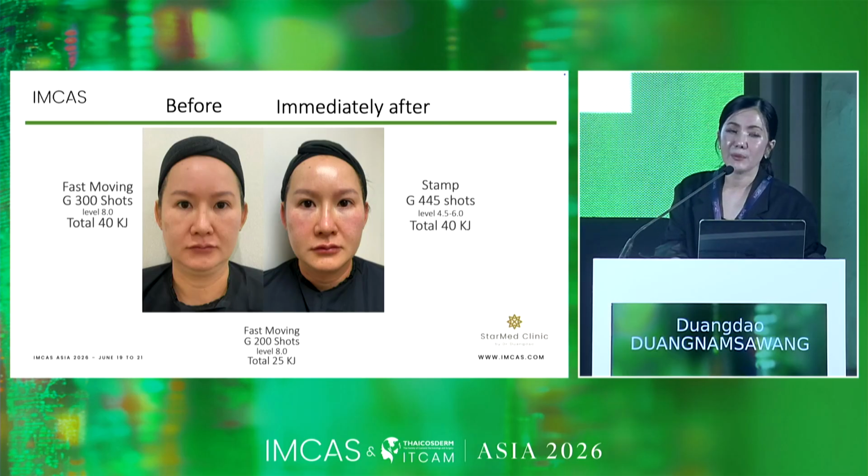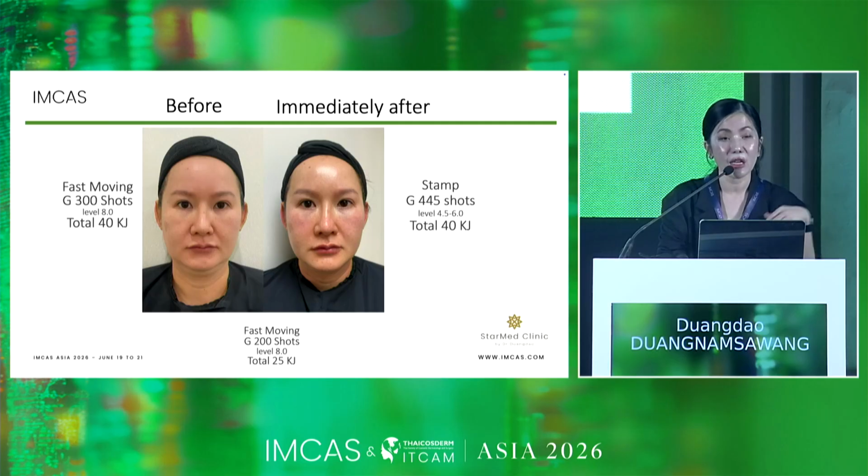I have a preliminary study using both techniques, split face. On the right side, I use the fast moving technique with G mode. Total energy is the same, 40 kilojoules. But on the left side, I use the stamp technique. They use more shots than the right side.